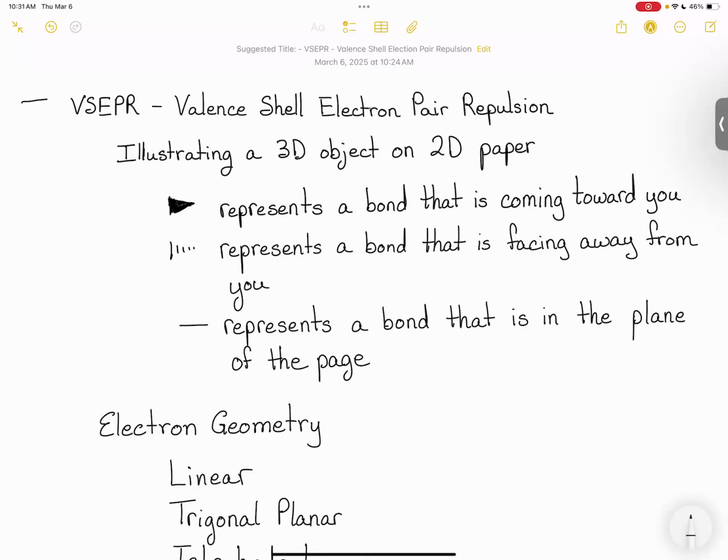Now, because X plus N is equal to 4, then we know S is 1. P, we need 3, because 1 plus 3 is equal to 4. So the hybridization is going to be sp3 hybridized.